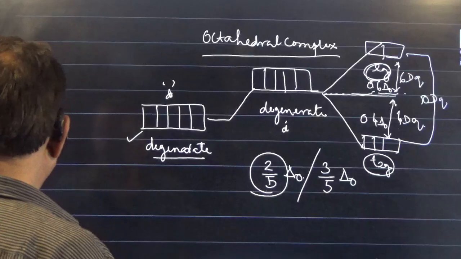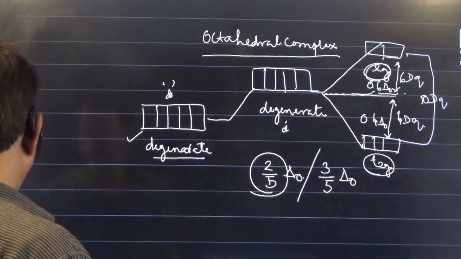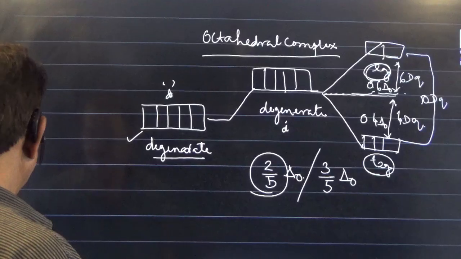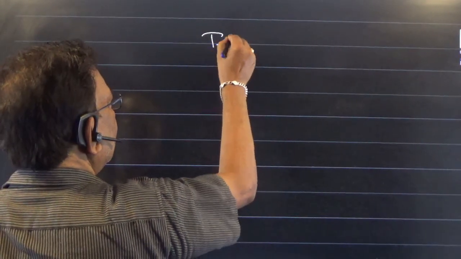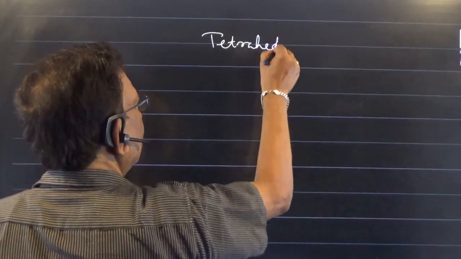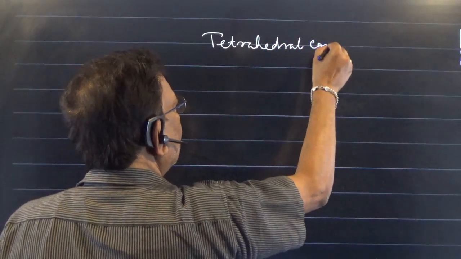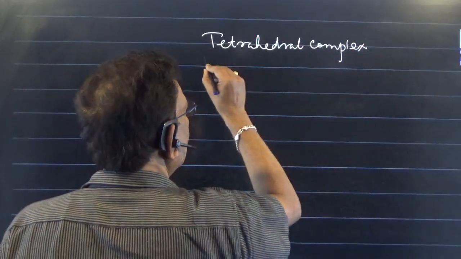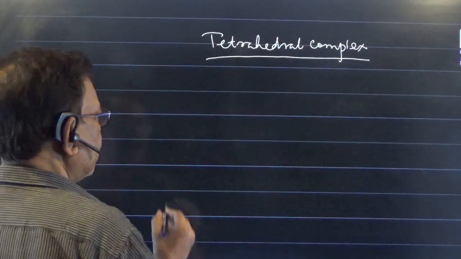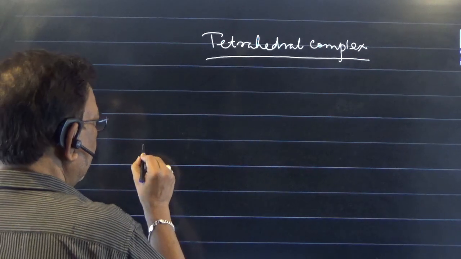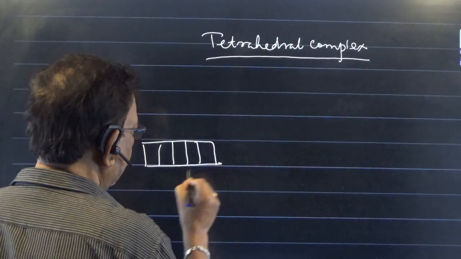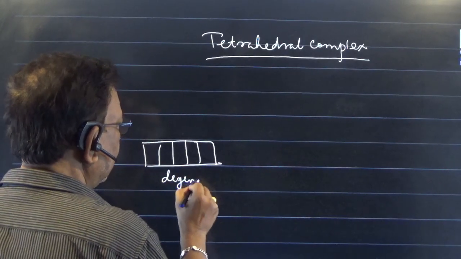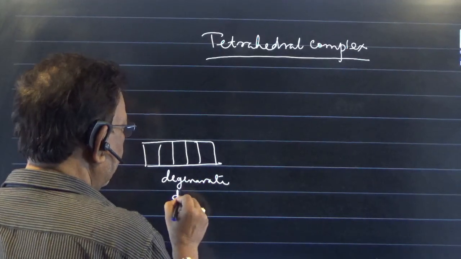Now come to the tetrahedral complex. In tetrahedral complex, in the same way, the d orbital is degenerate.